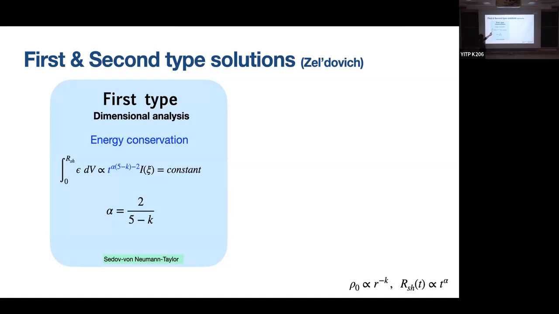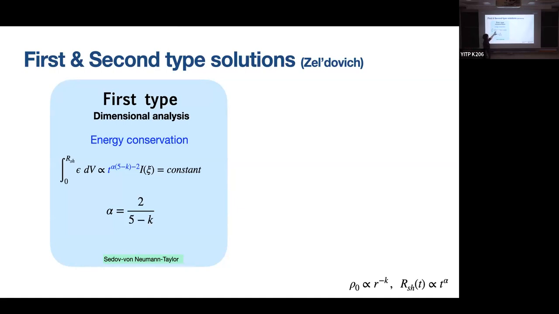So what I'm doing here is I'm simply integrating over the energy density in the problem, and I'm making the transformation to the self-similar function. So this is simply the time-dependent part of the self-similar functions, and this is the integral that depends on the self-similar coordinate xi.